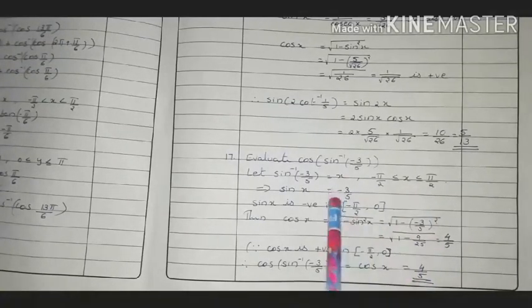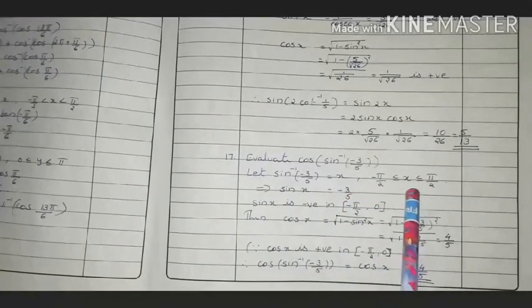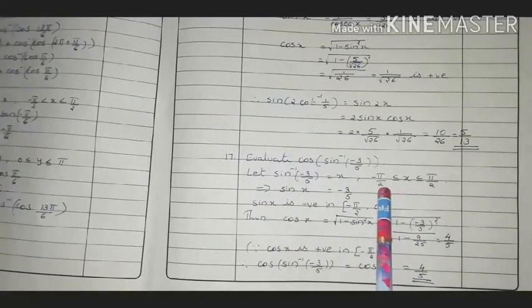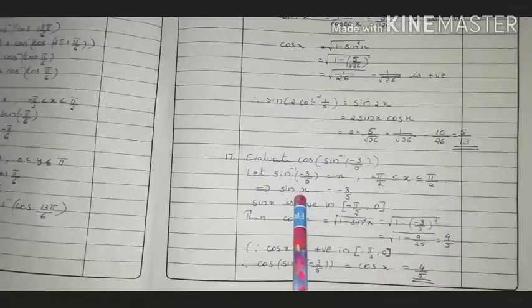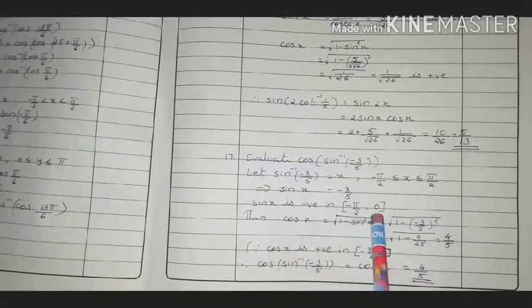Their sign is negative. In which interval? Sin x is negative on the closed interval minus pi by 2 to 0. So that interval we want to consider.